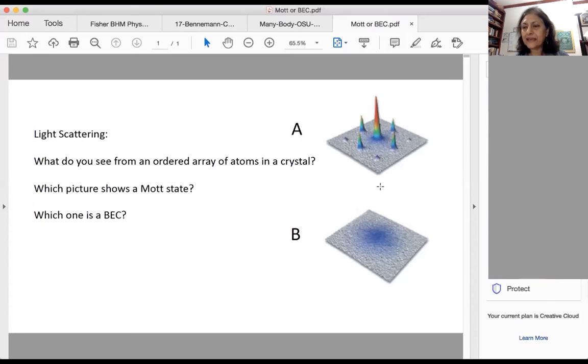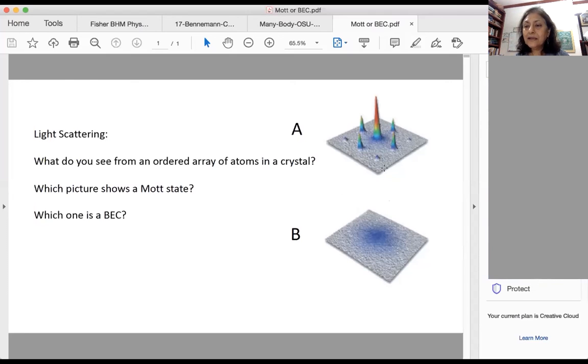You came in with a light at some momentum K, it scattered into another direction K prime. The energy didn't change, it was elastic scattering, but the angle changed. By looking at different angles, we could look at the range over which there were fluctuations in the system. So that was critical opalescence. Very similar experiments are being done here.